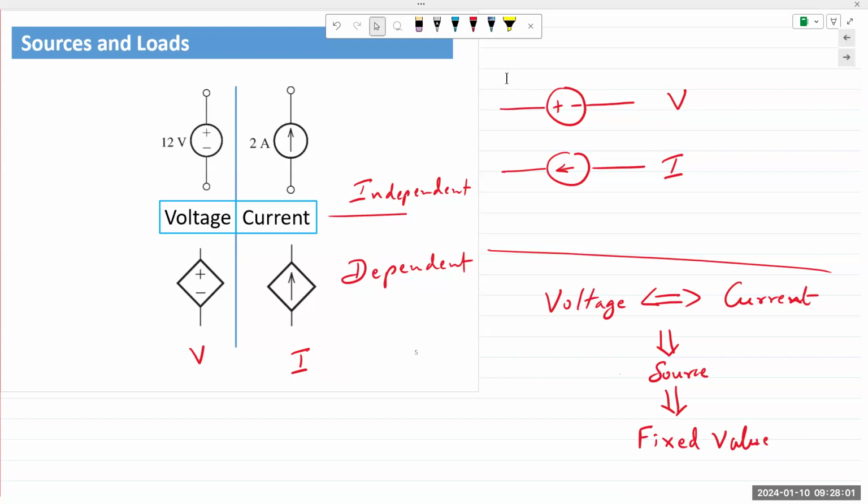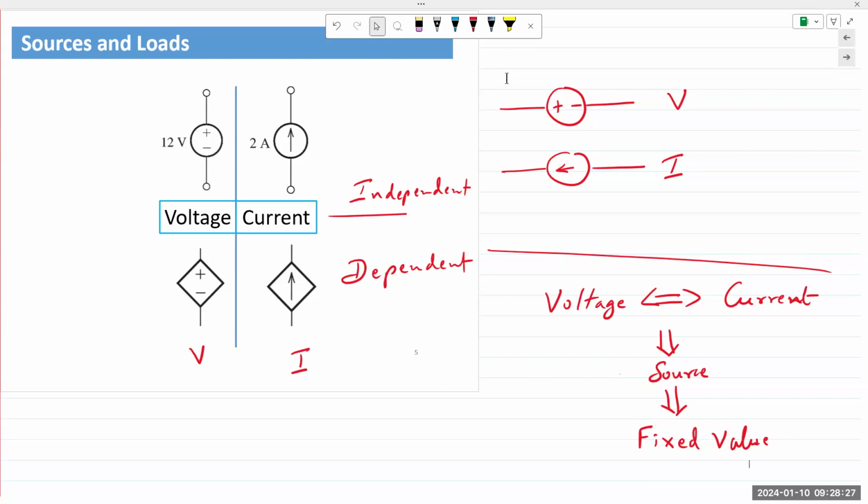If you are taking 251, the lab, you will see that the voltage and current sources are one piece of equipment. You simply change the mode from constant voltage to constant current. When it's constant voltage, it's working as a voltage source. When you switch it to constant current mode, CC mode, it's now working as a current source. But again, make no mistake.